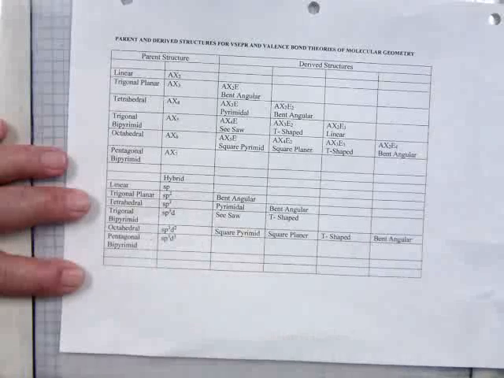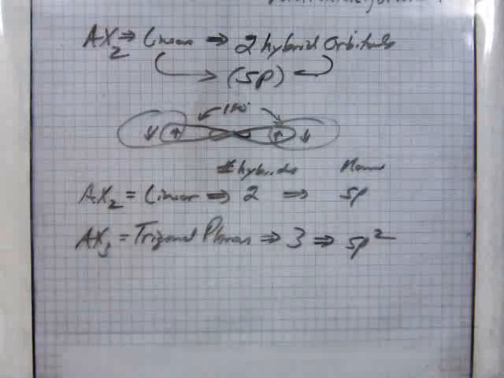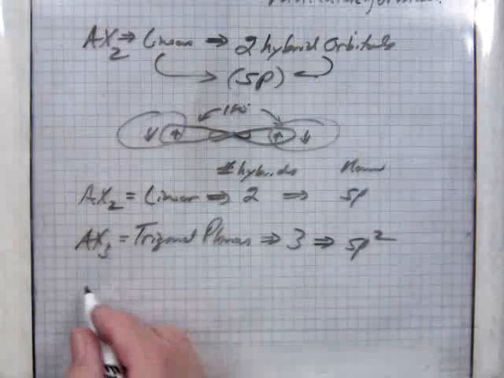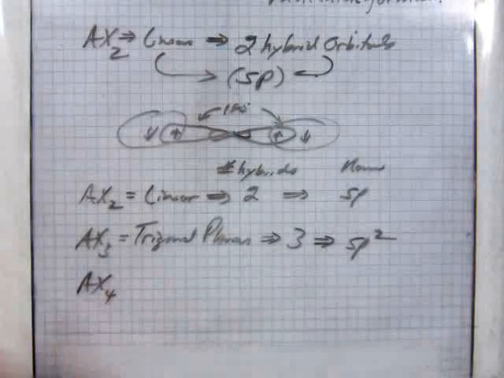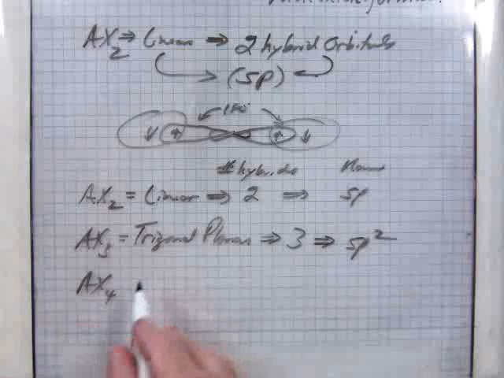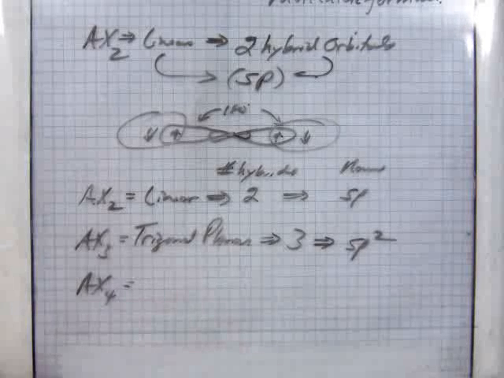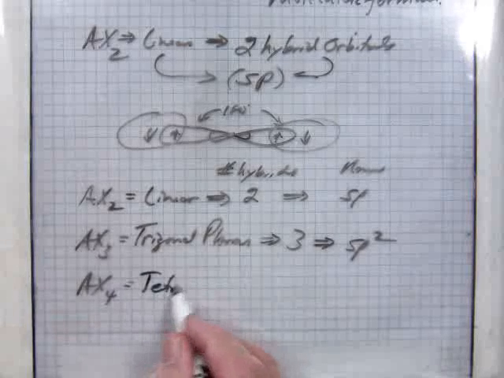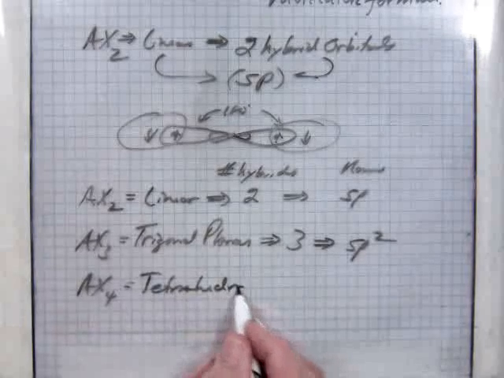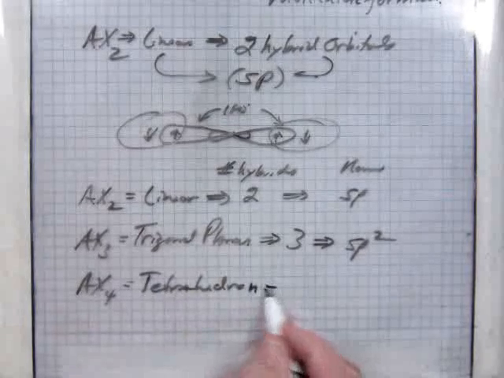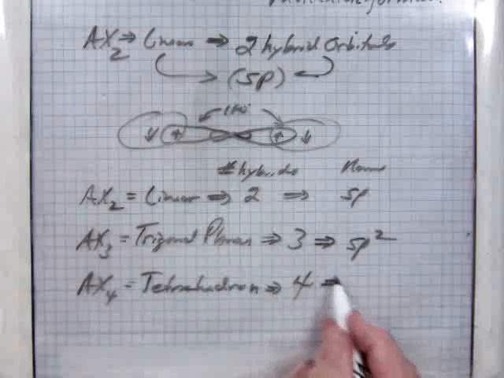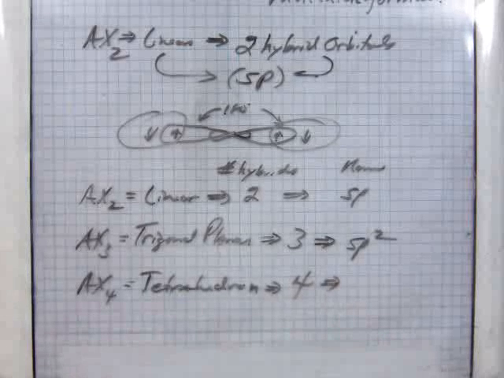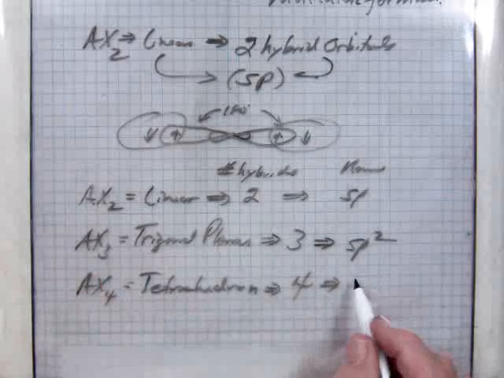It has four hybrids in it, and it turns out to have four electron pairs by the valence bond, the VSEPR. So that means any AX4, whether it has free pairs or not, is based upon a parent of a tetrahedron, and has four hybrids, and it's made from an S and three P's.